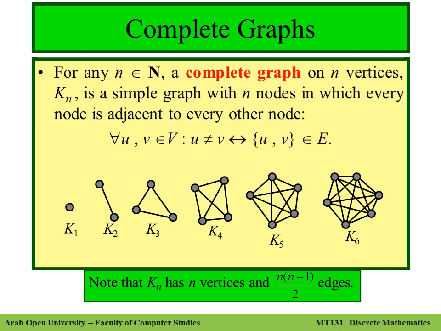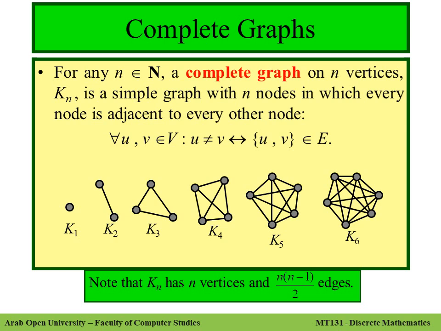Every possible edge that you can draw is there. If you want to use a logical statement to describe a complete graph: for all u and v in the vertex set, if u is different than v, then the edge uv will be in the edge set.